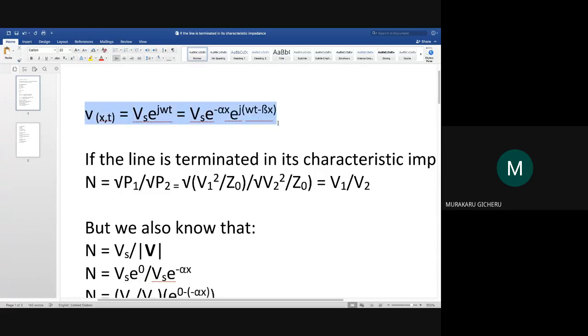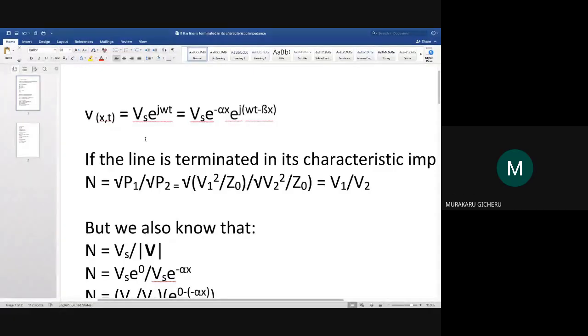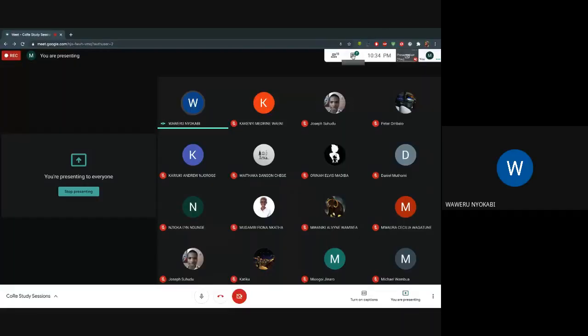So again, does anyone have any issue with this first equation? Oh, someone has raised their hand. Please could you explain?